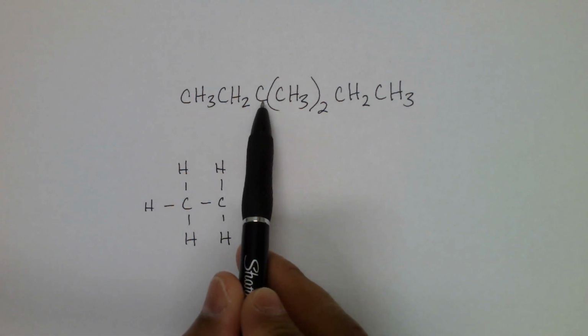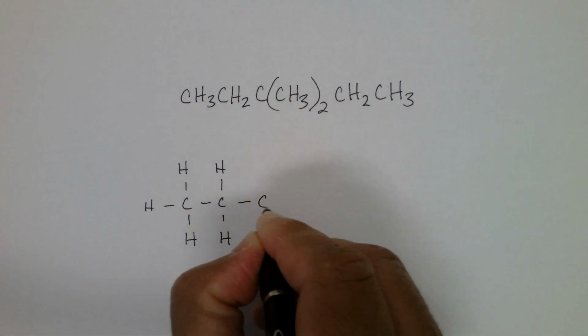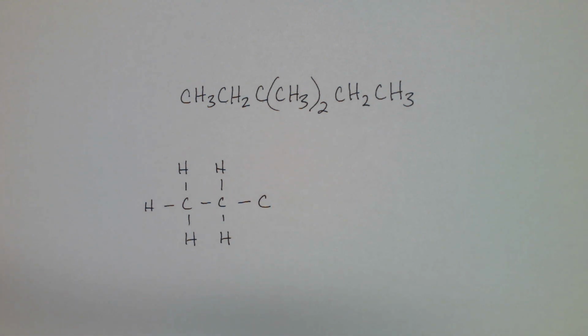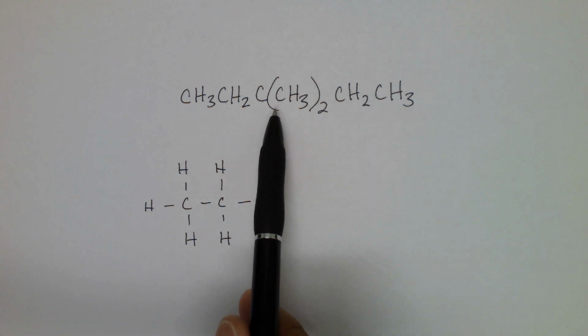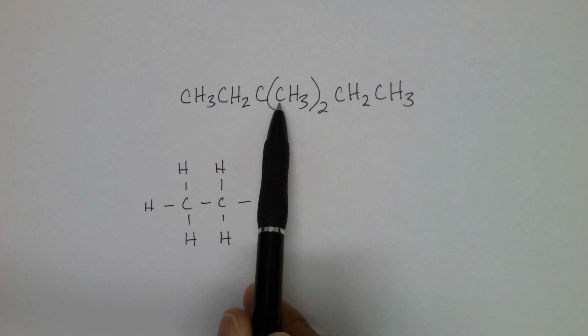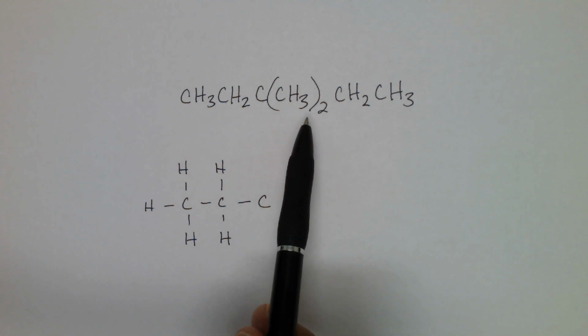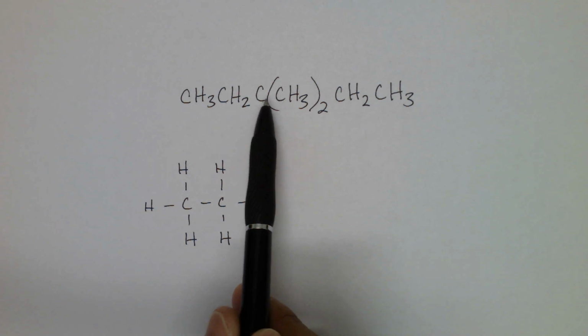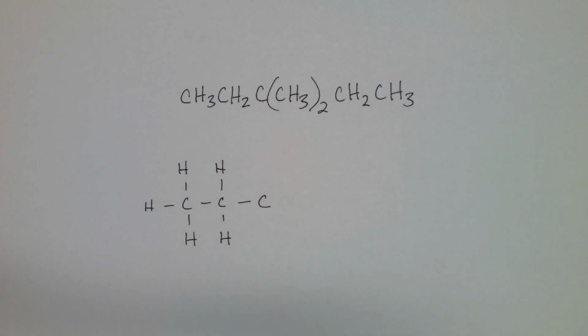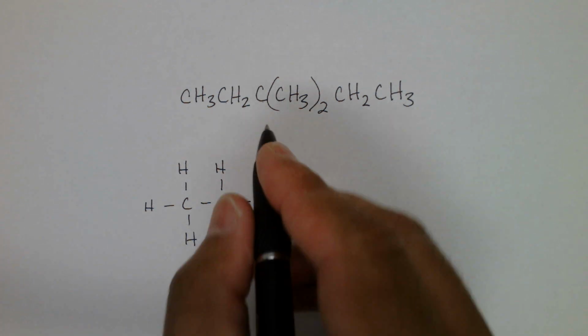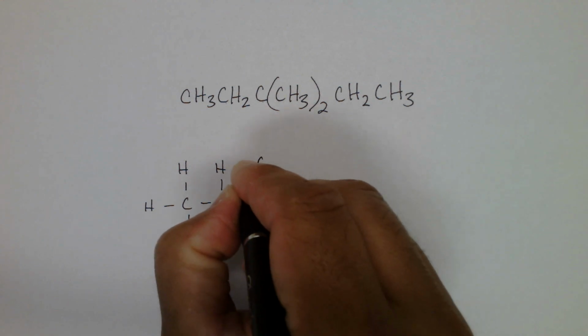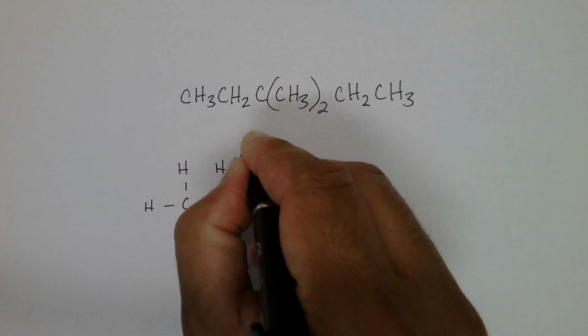And then this carbon is bonded to this next carbon, the 3rd carbon in the chain. Notice in parentheses, there are 2 CH3 groups. The significance of the parentheses means that these carbons are bonded to the previous carbon. So this carbon is bonded to these two CH3 groups.